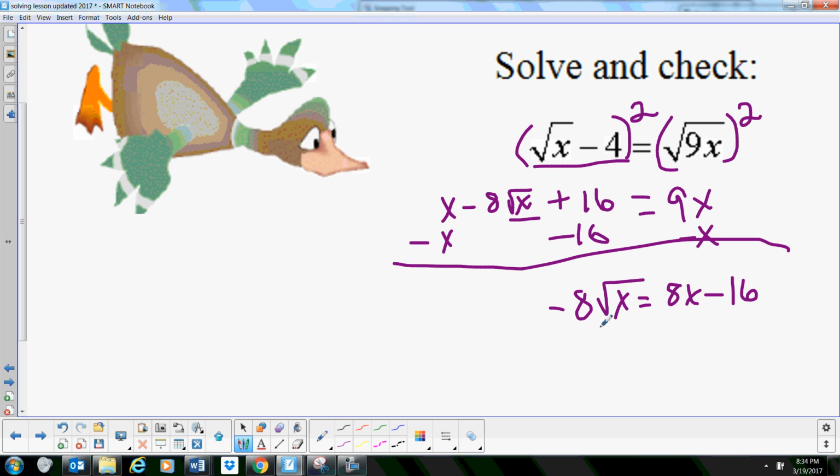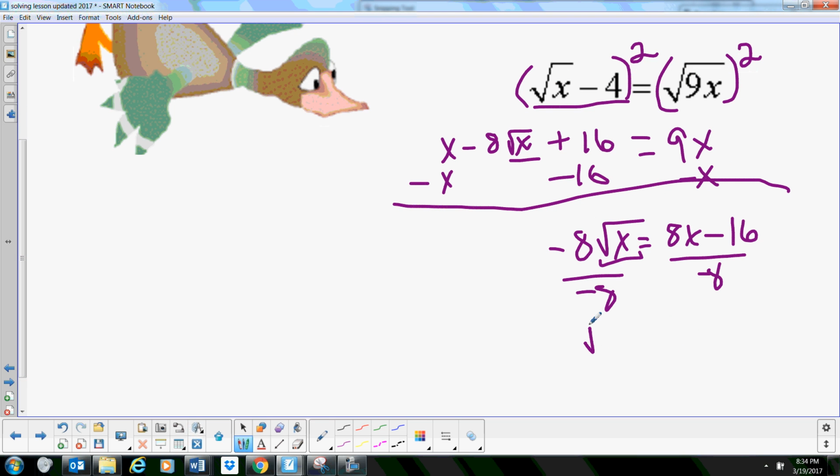And now we need to continue to isolate this square root, so let's divide by -8. When we divide by -8, we're going to get the square root of x is equal to -x plus 2. Now we've got the square root isolated, so now we square a second time.